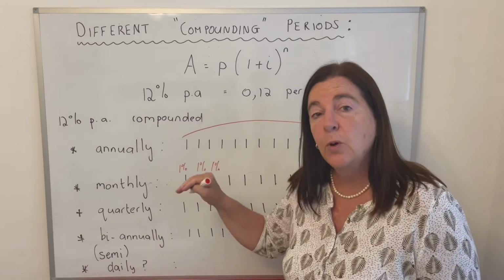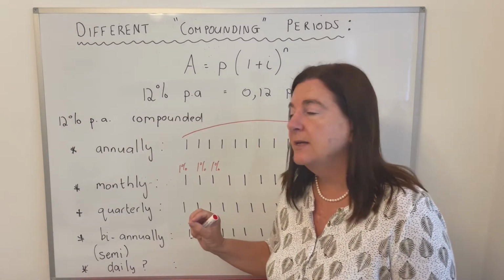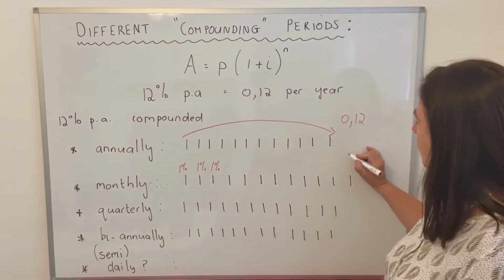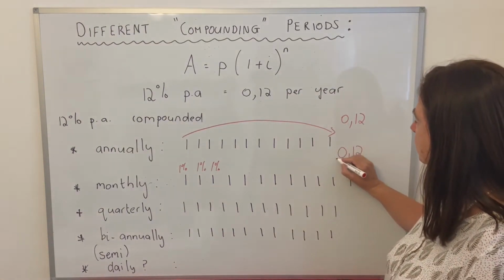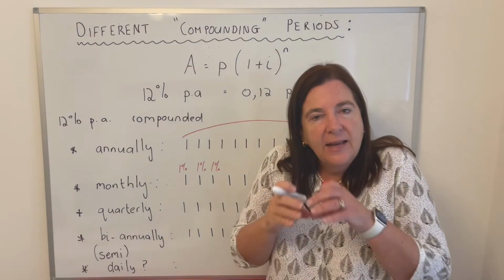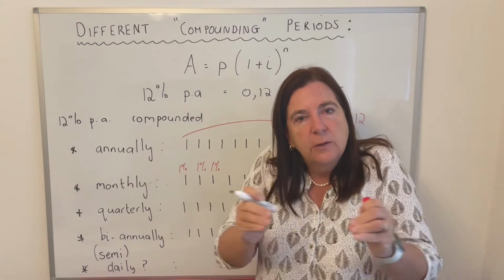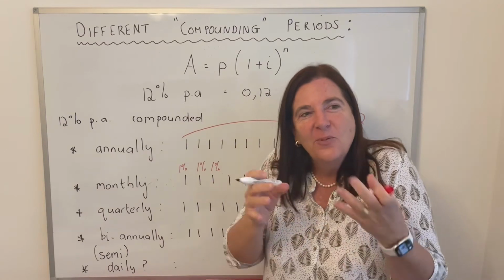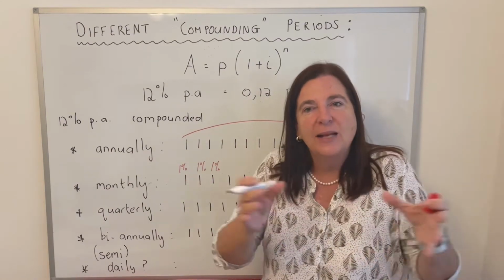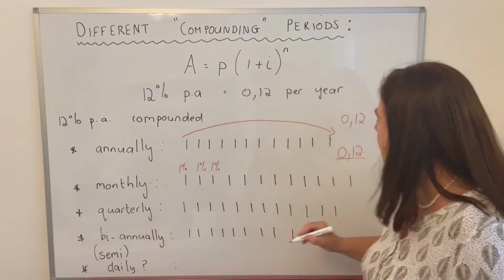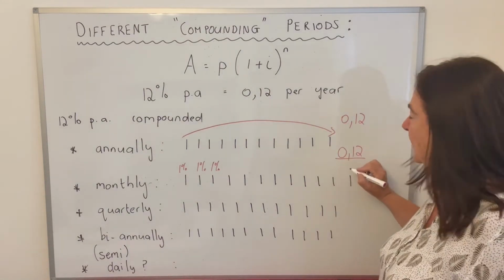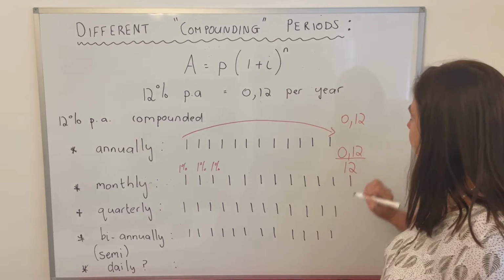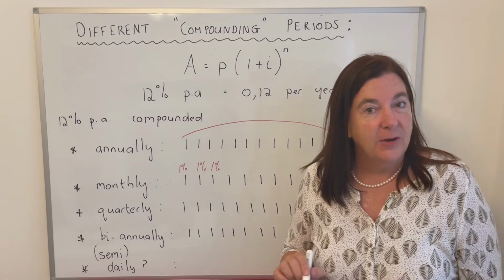So 12% per annum, which is 0.12, is divided by 12, because there are 12 months in a year. So it would be 0.12 over 12. Happy with that? Hope so.